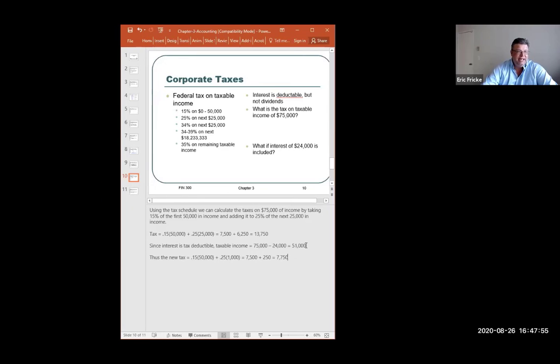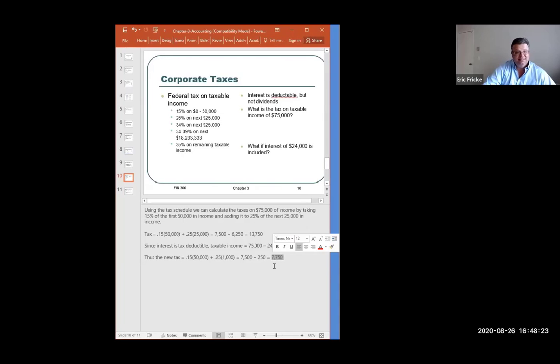So that's their new net income. What would be the tax they owed on $51,000? Well, the first $50,000 is taxed at 15%, and then above that, they only have one more $1,000 of income, and that will be taxed at 25%. So the net result is, with the interest expense, they pay less taxes. So $7,750.